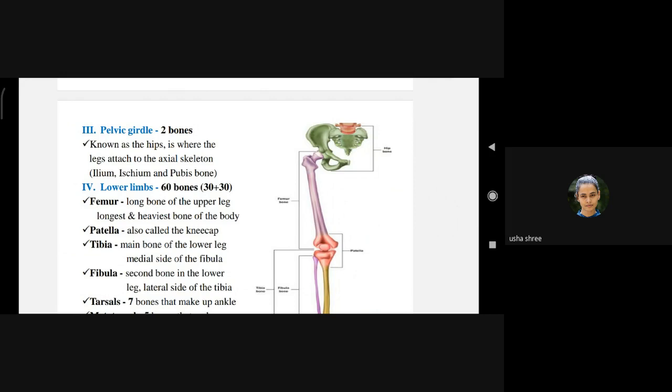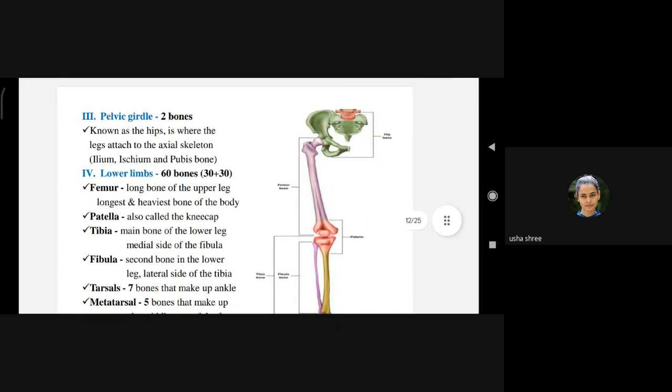These 3 bones are ilium, ischium, and pubis. We will discuss in detail, and I will send you a detailed picture of this pelvic girdle, showing which bone is which and the name of each bone.